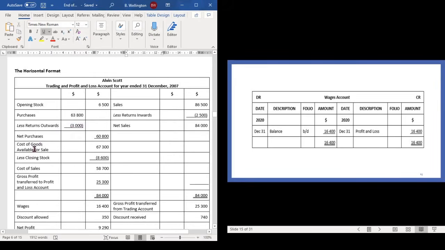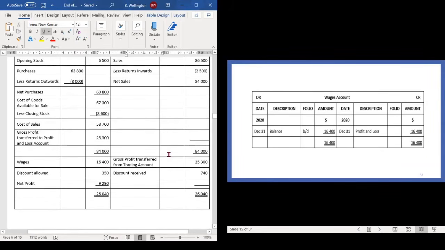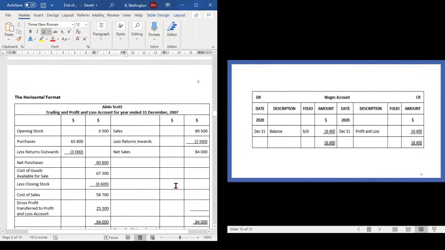The next item we want to show is the cost of goods available for sale. We also want to show the cost of sales, the cost of goods sold. Okay, so when we present our trading and profit and loss like this, it's easy to see those important items.